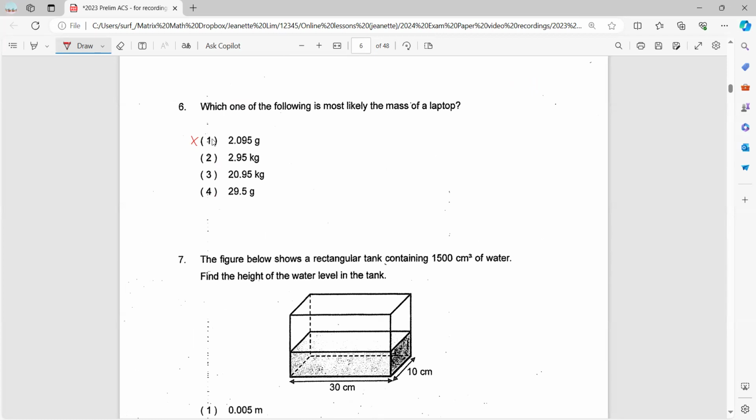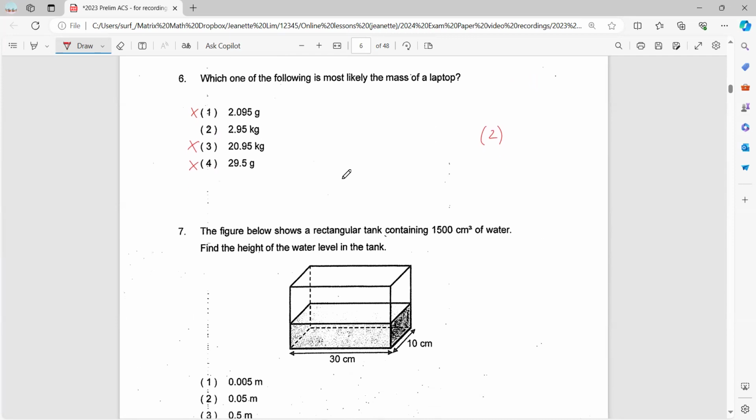So no, definitely not that heavy. 29 grams, no, 29 grams is like when we talk about foods in very small portions. So 2.95 kg, yes, possible. So that's the most likely answer for the mass of a laptop.